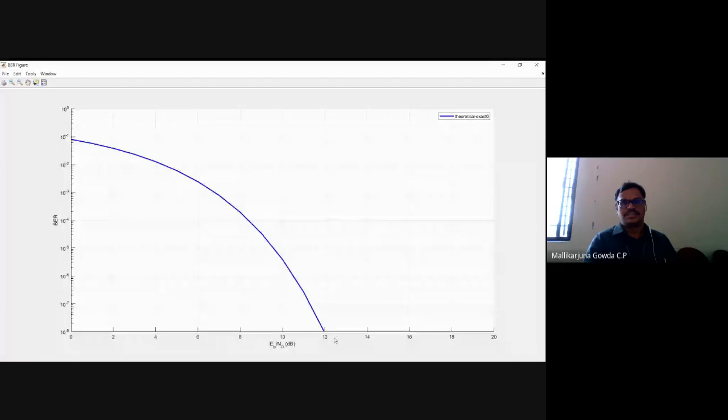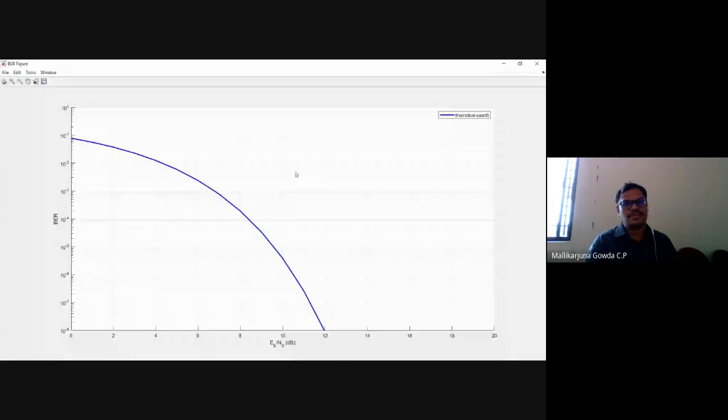BFSK and then that's another 2 minutes. The graph which is drawn from the BERTool, which is a ready-made tool available in MATLAB.